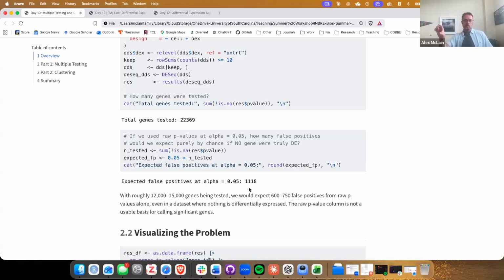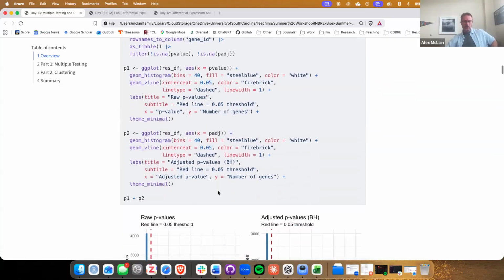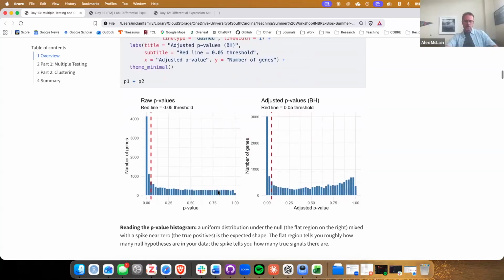There's not going to be any spikes in it or anything like that. The probability that a null p-value is between 0 and 0.1 is the same as the probability it's between 0.1 and 0.2, the same as the probability it's between 0.2 and 0.3, so on and so forth. If we looked at a histogram, as I said, we would think it would look uniform.